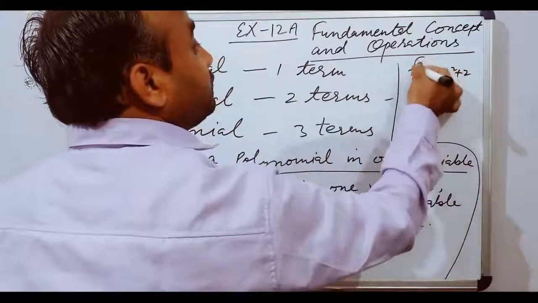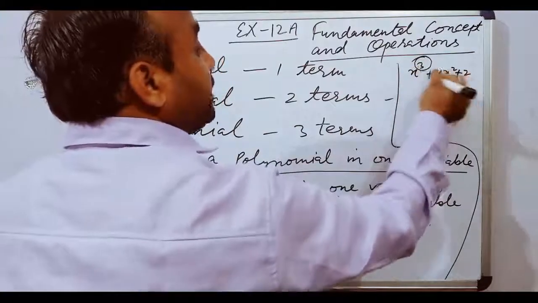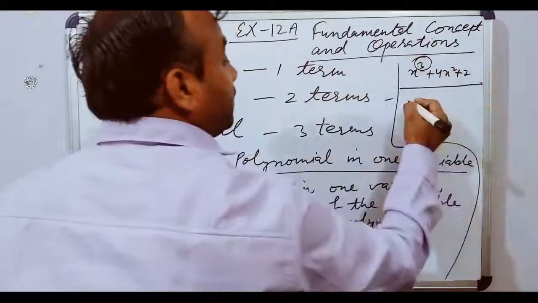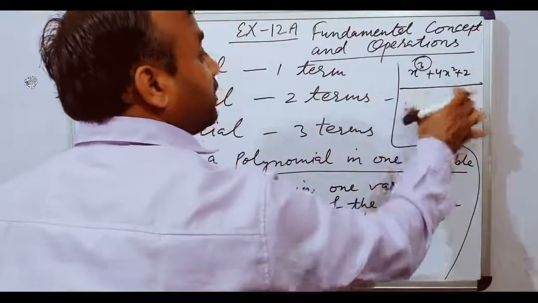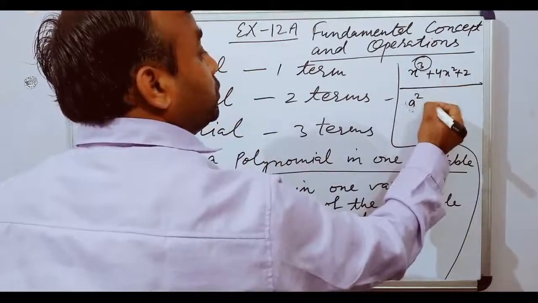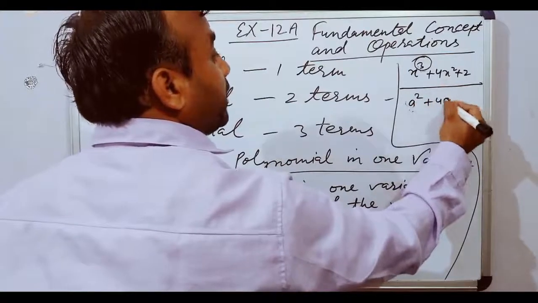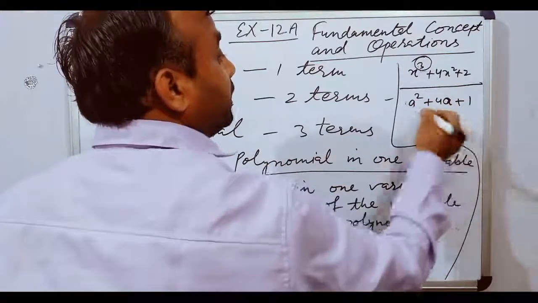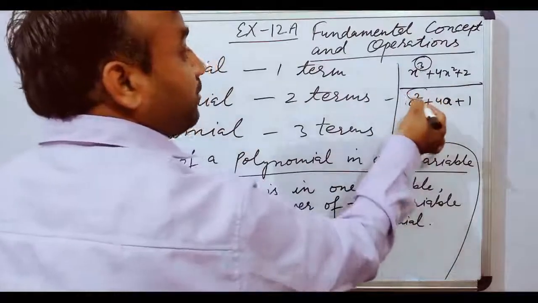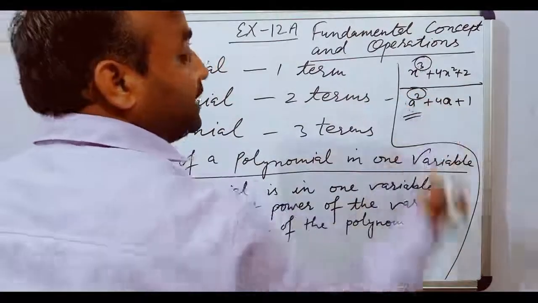So the degree of this polynomial is 3. Like x to the power 2 plus 4x plus 1, the highest power is 2. So the degree is 2. Okay.